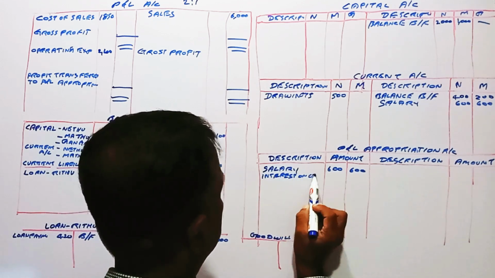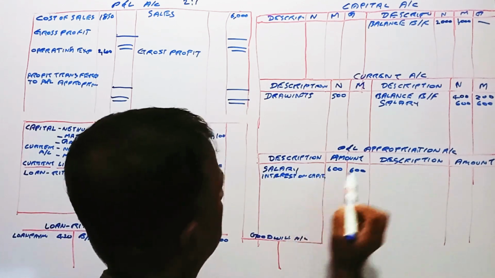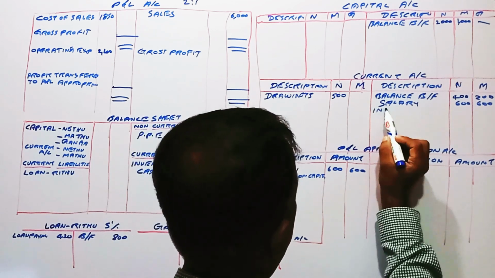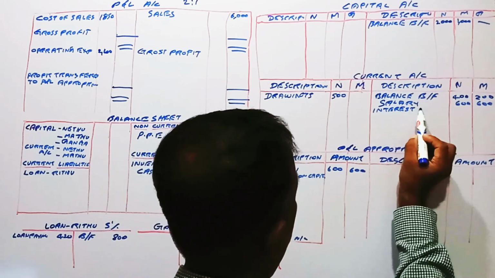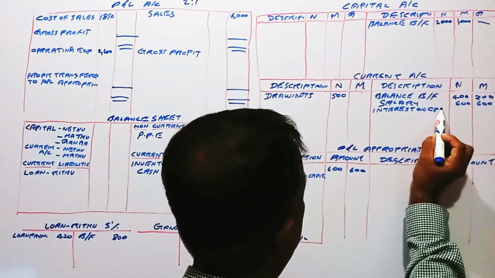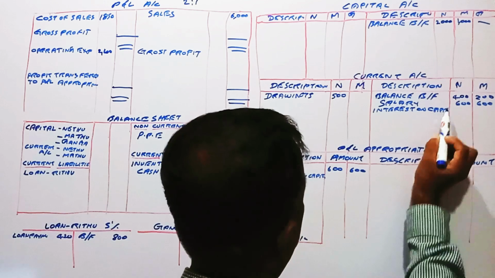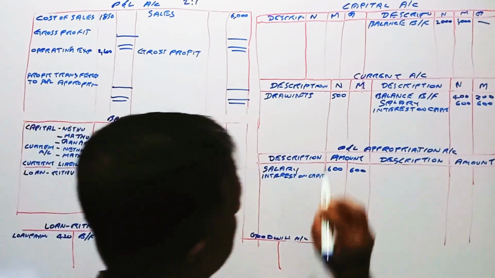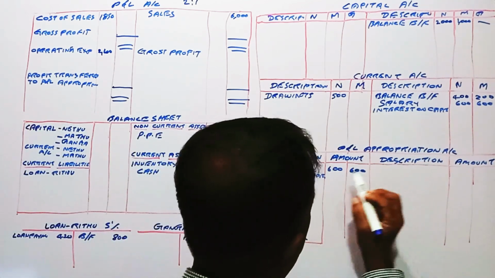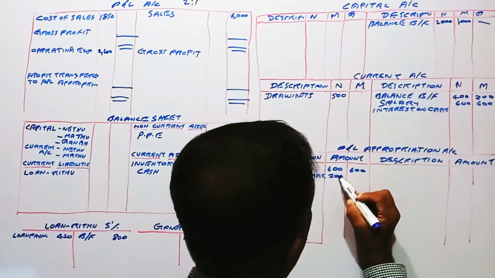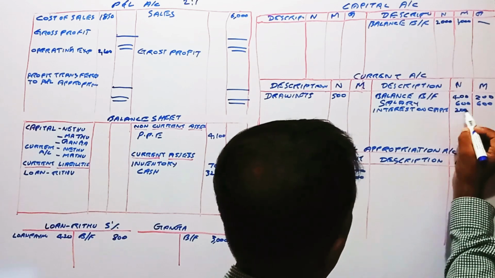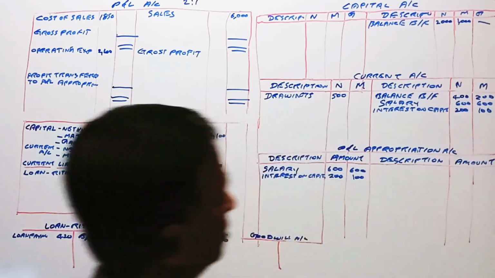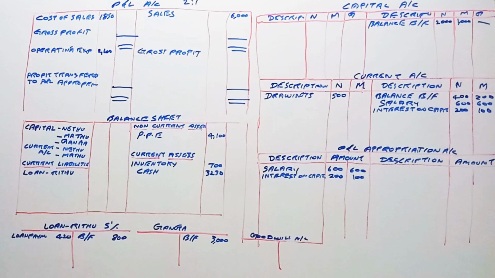How much? 10% on 2,000,000 and 1,000,000, which is 200,000 and 100,000. That is the interest portion.